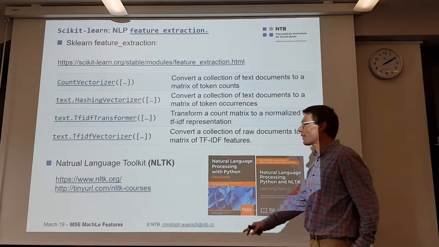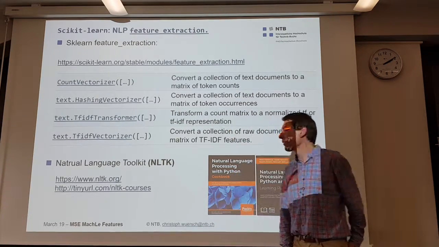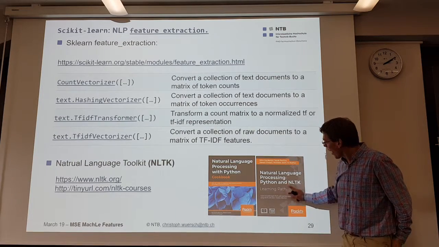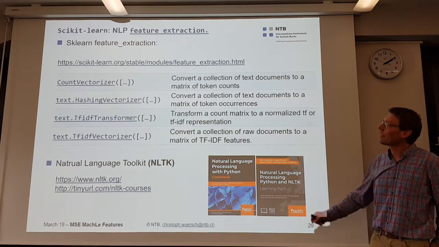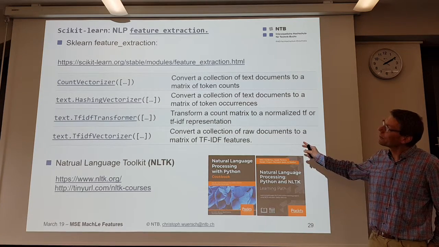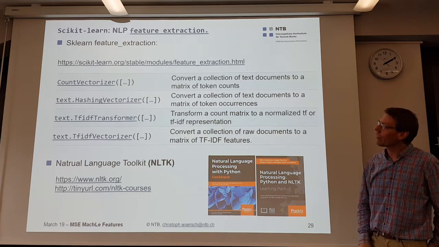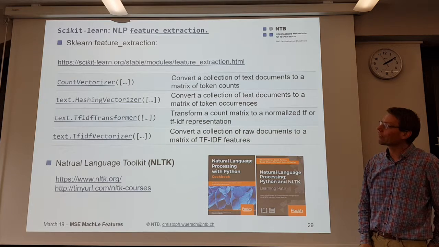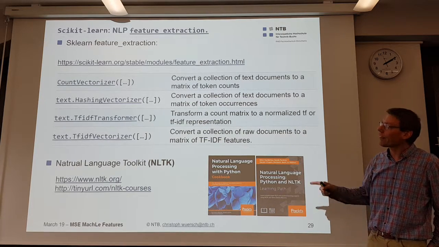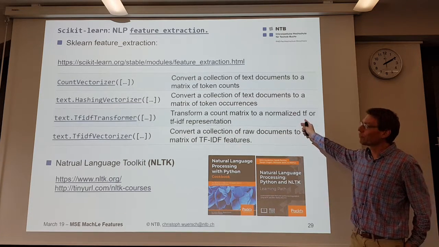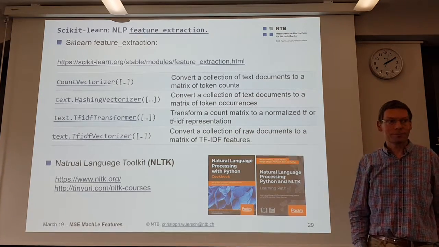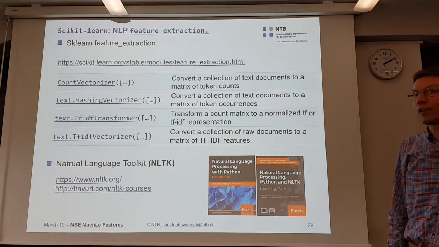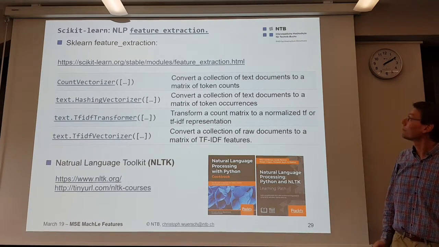You can have a look at that. It's quite interesting, as is how to deal with NLTK. In scikit-learn we have the following things: the count vectorizer, the hashing vectorizer, the TF-IDF transformer, which we looked at, and the vectorizer. This is feature generation for text.